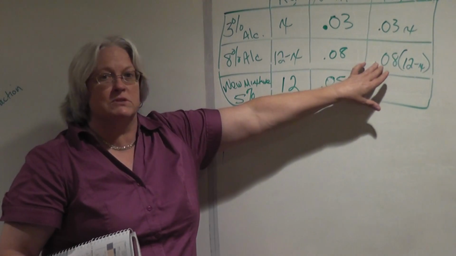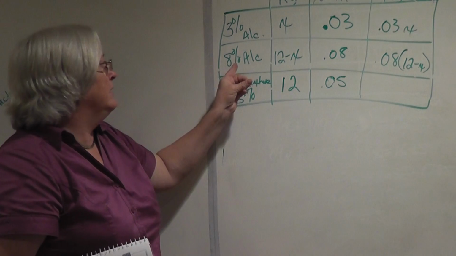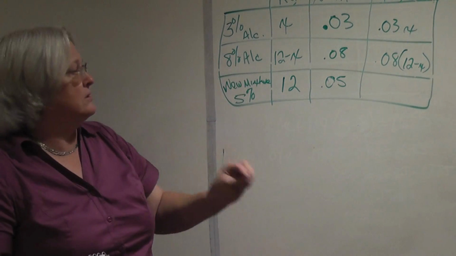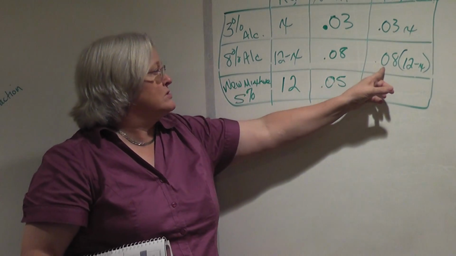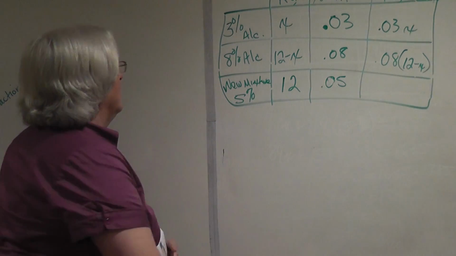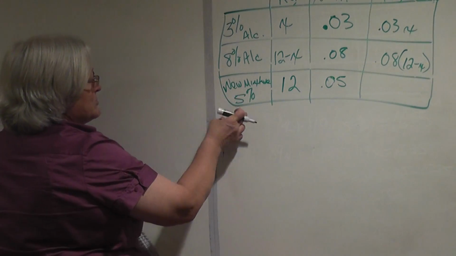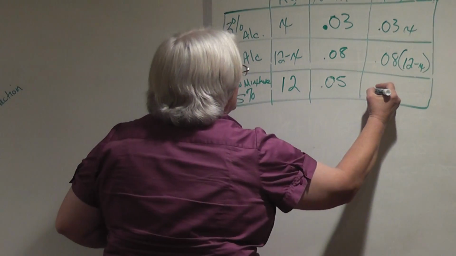So the kilograms of alcohol that we have in our 8% alcohol solution has to be 0.08 times the quantity 12 minus x.